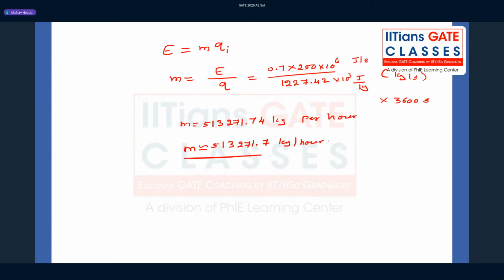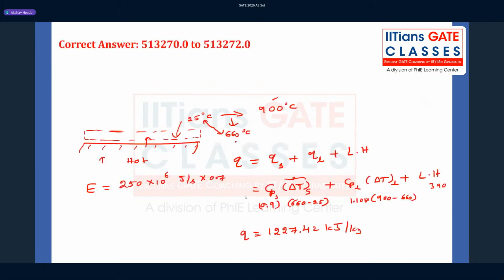So this much aluminum we can process. So what was the answer given? Yeah, the range is between 270 to 272. So we are getting 271.7. So within the range.